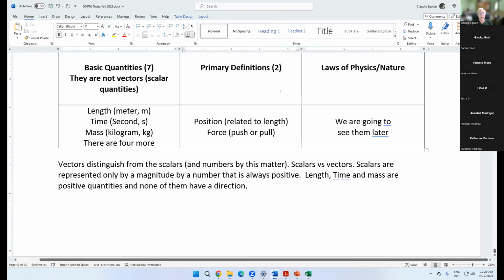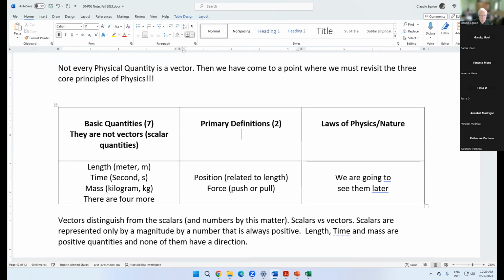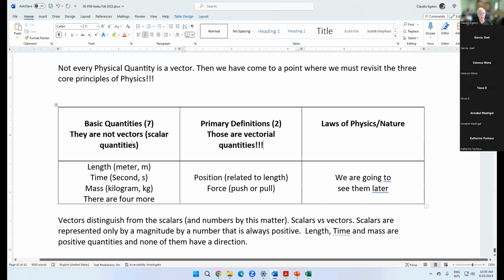But wait a minute. Those primary definitions, position and force, those are vectorial quantities. See the distinction? From basic quantities to primary definitions?